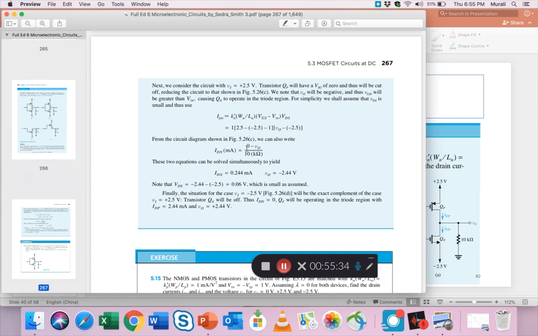So here IDN is 0.244 and V output is minus 2.44 volts, and similarly IDN here is 0 and IDP is 2.44 and V0 is plus 2.44 volts. Go through this exercise and see if you can follow along, and if you have any questions, let me know.